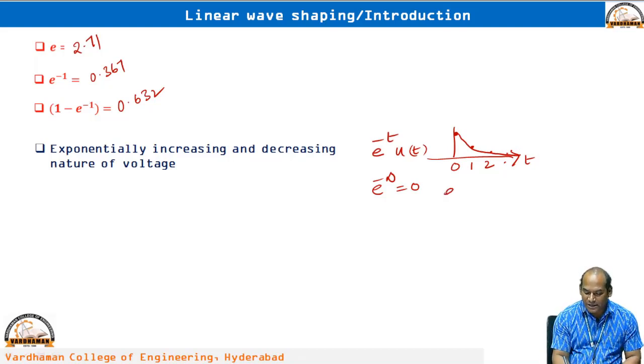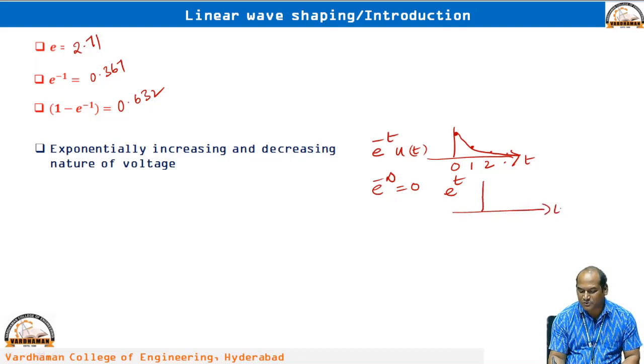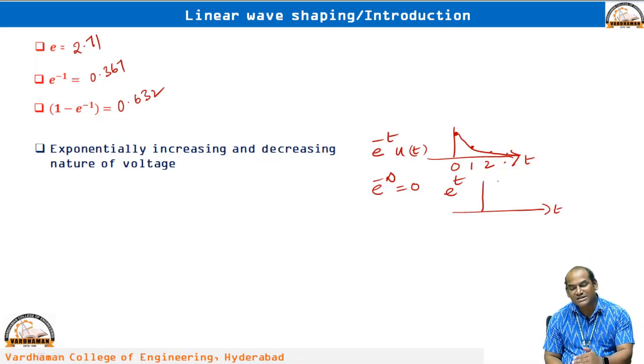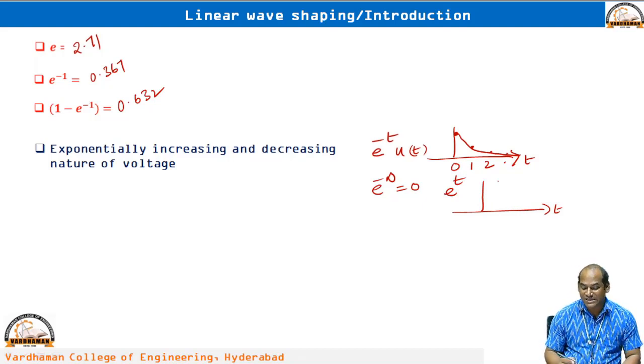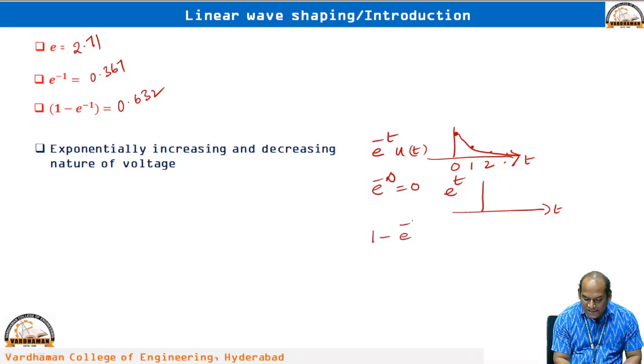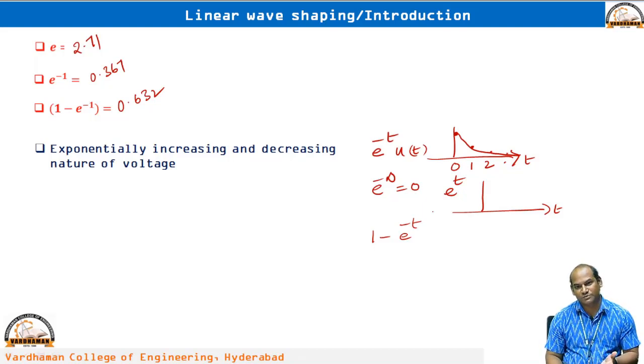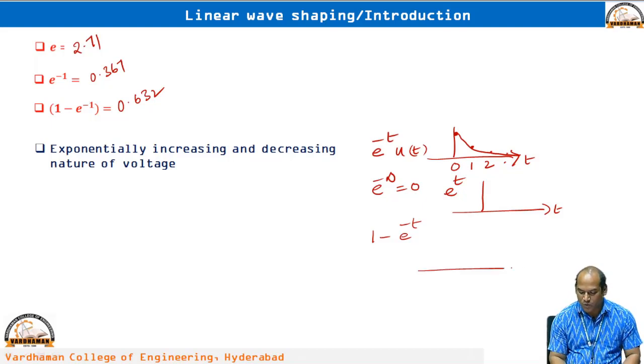And if you take e power plus t and draw this particular signal with respect to time, then the value is increasing. But instead of this e power plus t for the exponentially increasing case, if you take 1 minus e power minus t, this is also exponentially increasing only. We are subtracting e power minus t from 1. 1 is the constant signal, and e power minus t we have just seen.